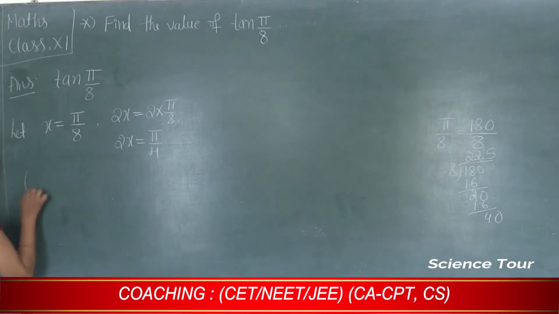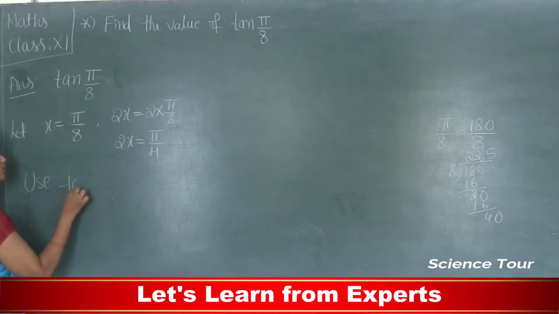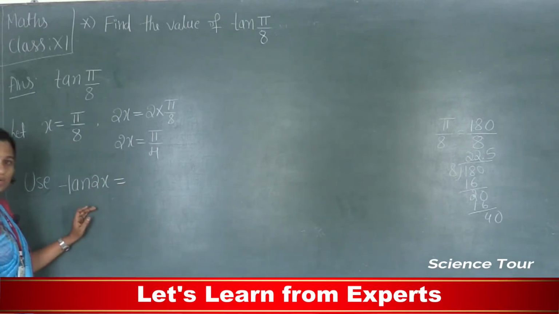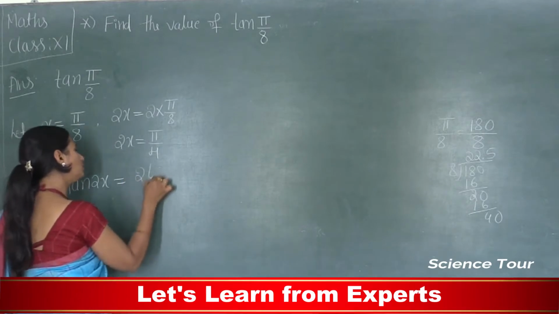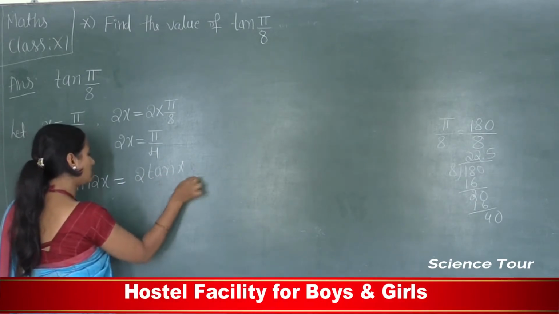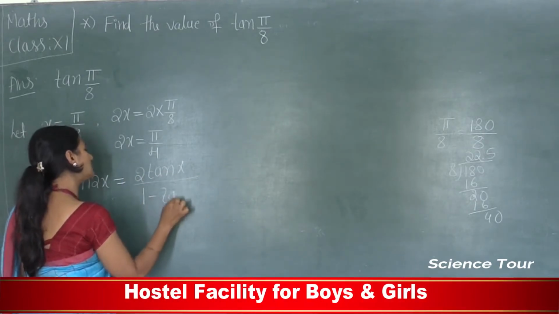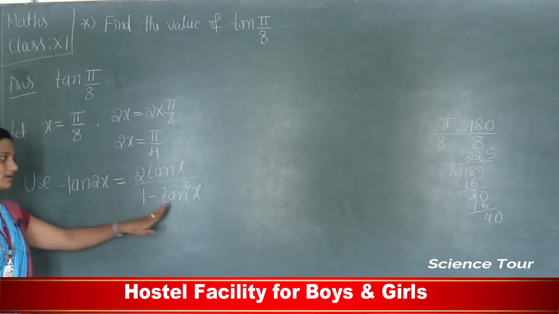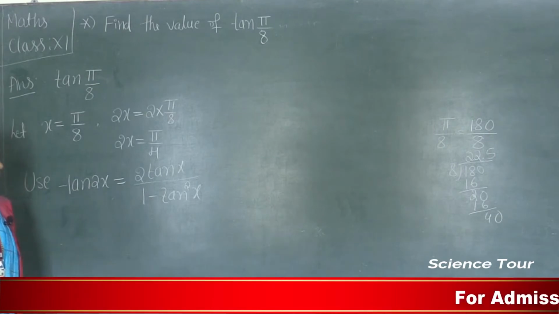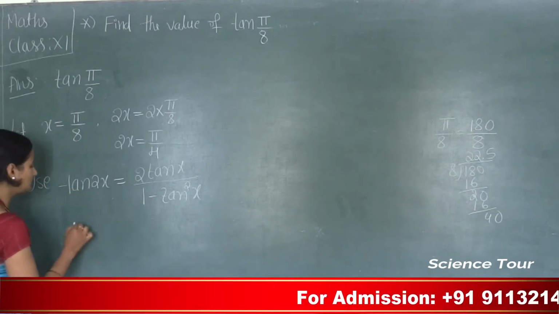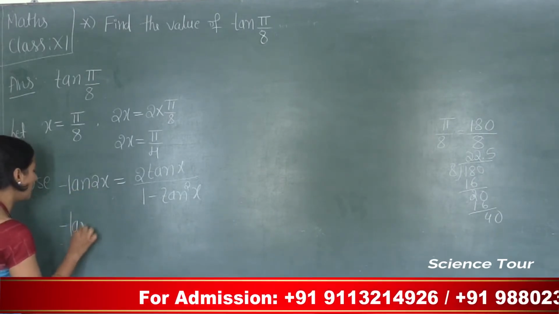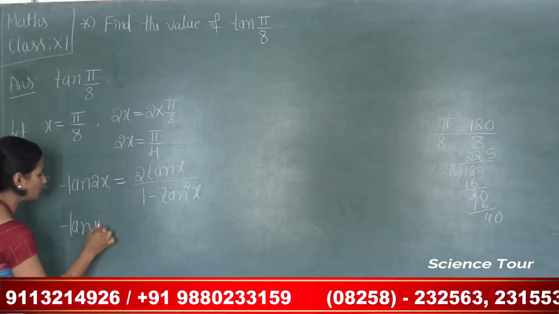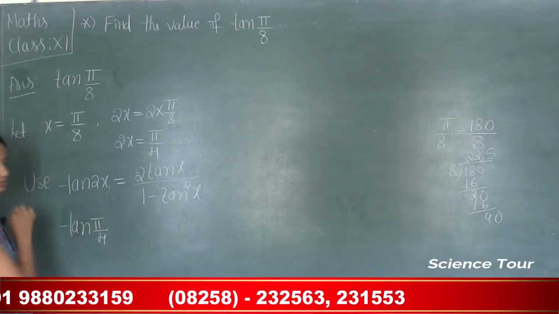Now use the formula, the tan 2x formula. What is tan 2x? 2 tan x divided by 1 minus tan square x. Is this correct? Now substitute. Tan 2x, 2x is pi by 4, just I am replacing the values.